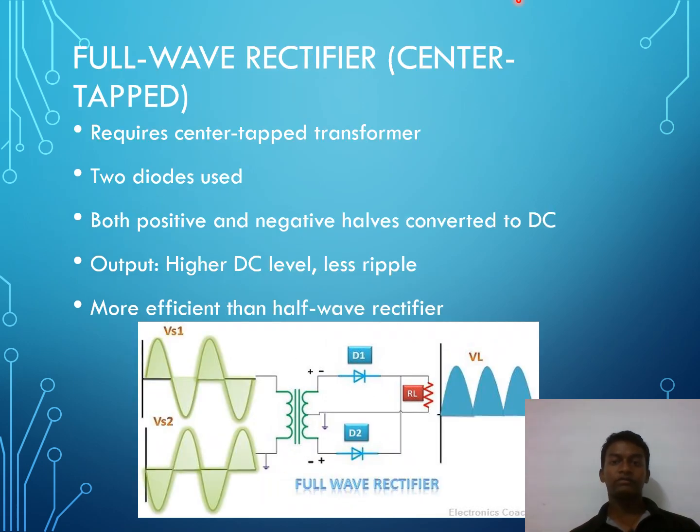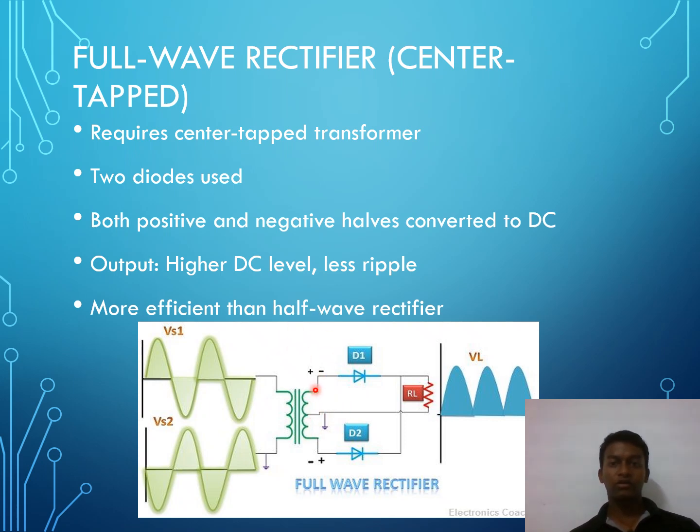Full wave rectifier. It consists of two diodes and a step down transformer. This transformer is a center tapped transformer. When we apply AC voltage of 230 volts, the step down transformer reduces its amplitude to 9 volts or something less than 230 volts.